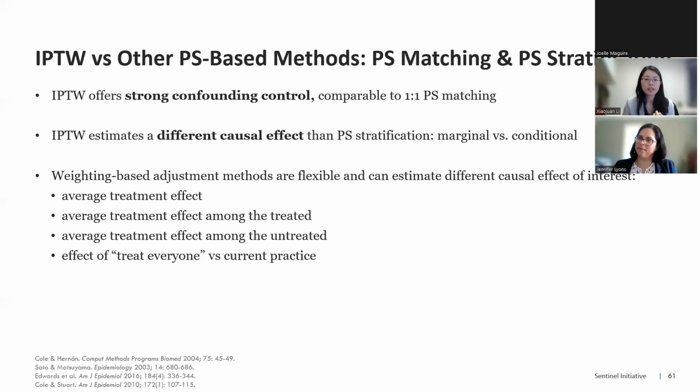And we can also estimate treatment effects for more policy-relevant contrasts, say the effect of treating everyone versus the standard care. We can also bring in data from an external population that is of more interest than the current study population, and then get the treatment effects in the target population.